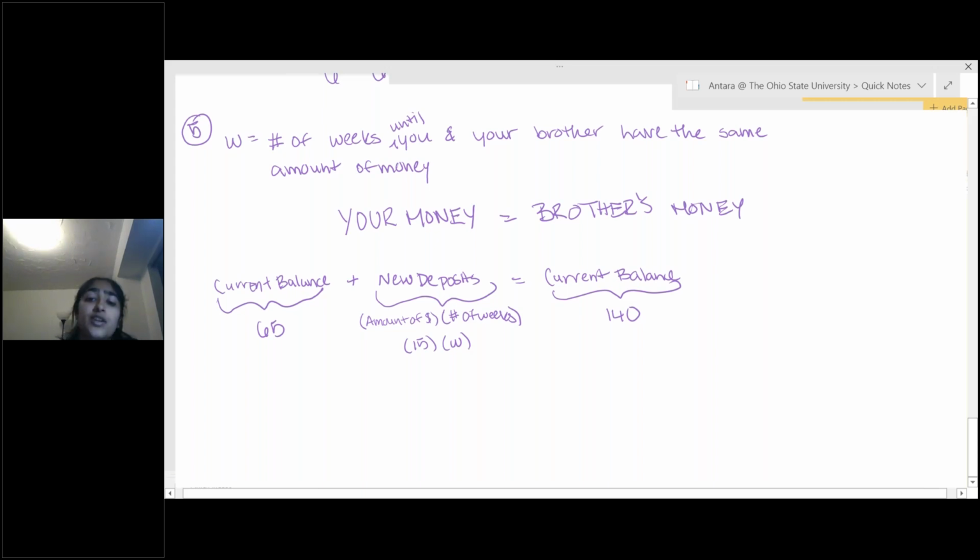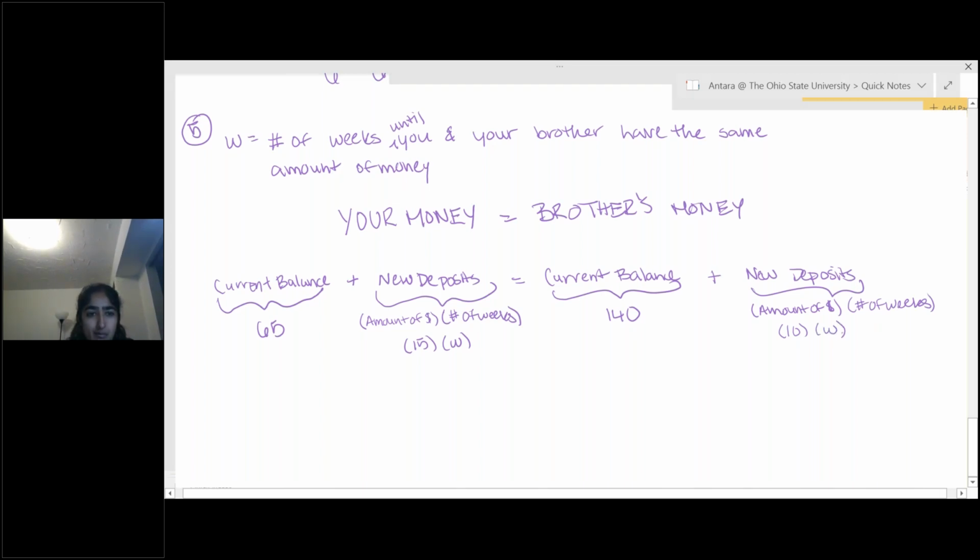And then for your brother's money, you have the current balance of $140, and that's also added to the new deposits. And his new deposits are going to be also amount of money times the number of weeks. But he's depositing $10 per week.